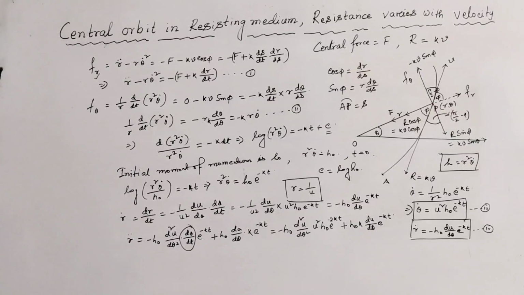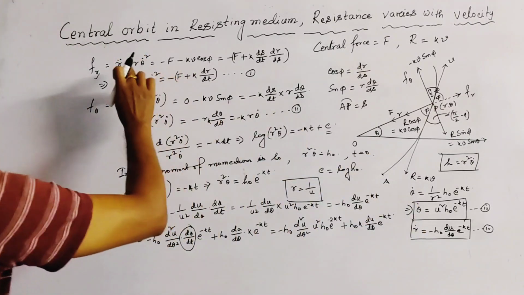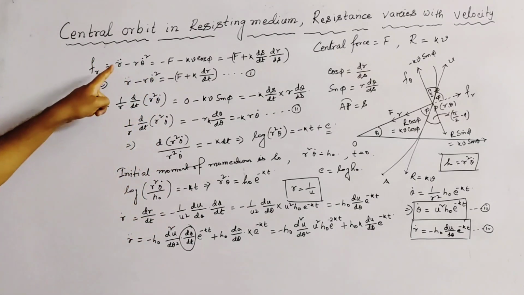Now we put the values of r̈, ṙ and θ̇ in the first equation.